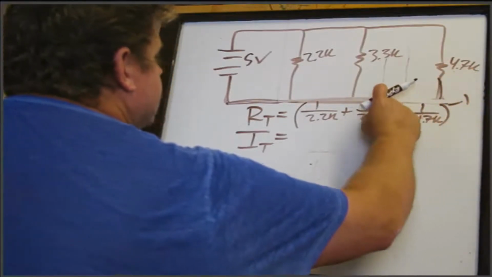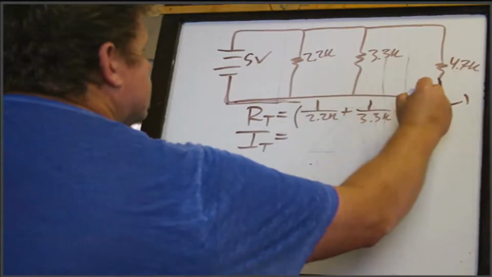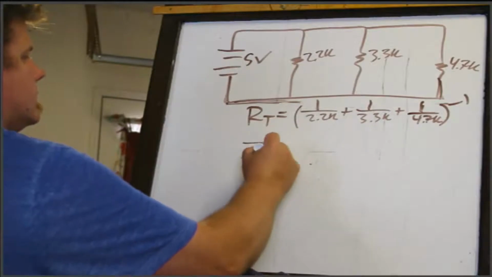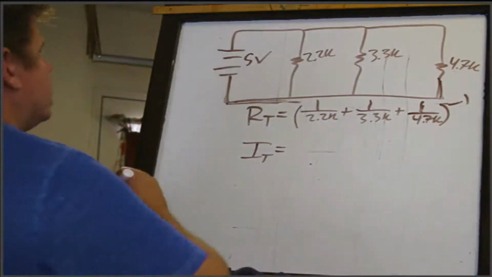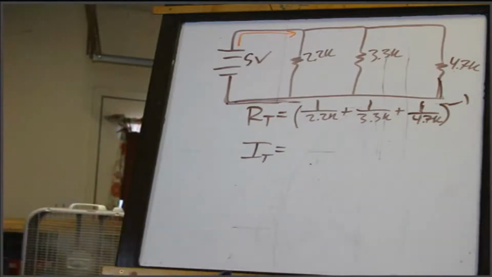To the negative 1. Okay, so I see an answer of 1.03 kilo ohm.